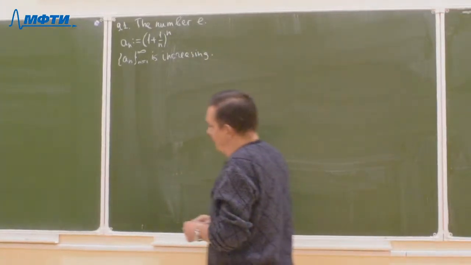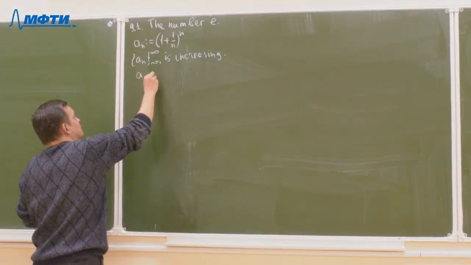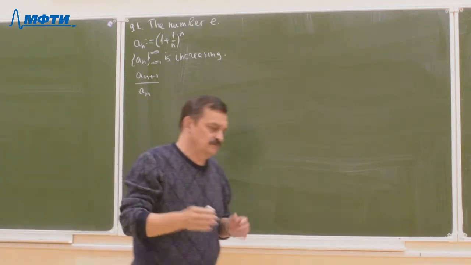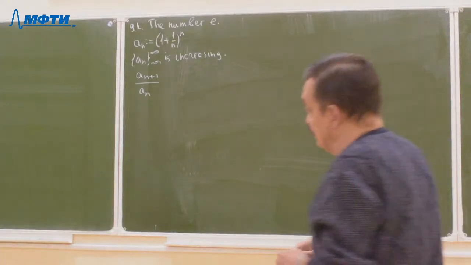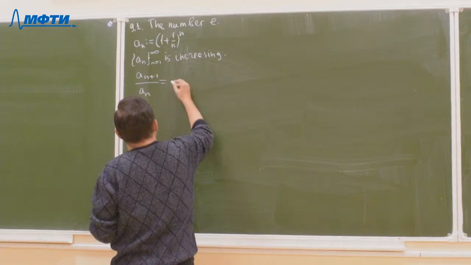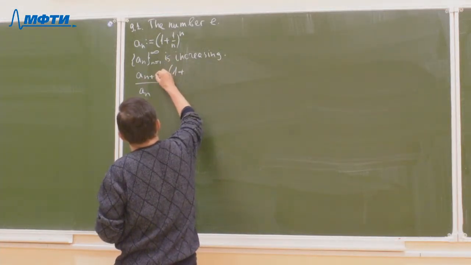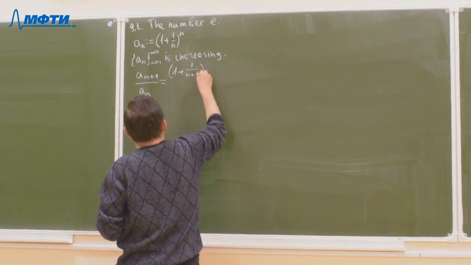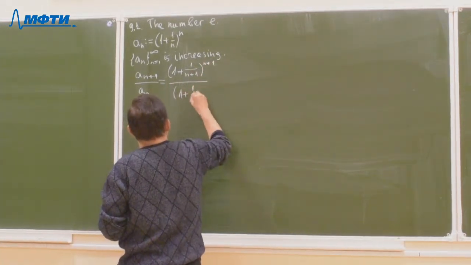So how to prove it? One way is just to consider the ratio between two terms, a_{n+1} and a_n. So let's write it. What is it? a_{n+1} means we substitute n plus 1 instead of n, and a_n just as it is.